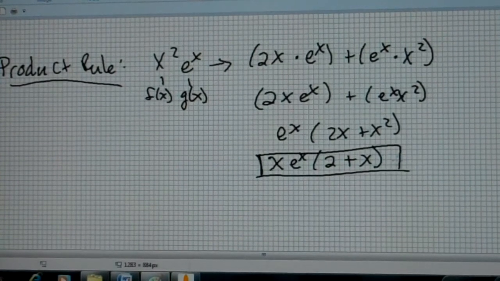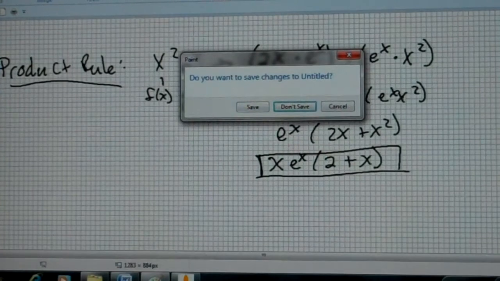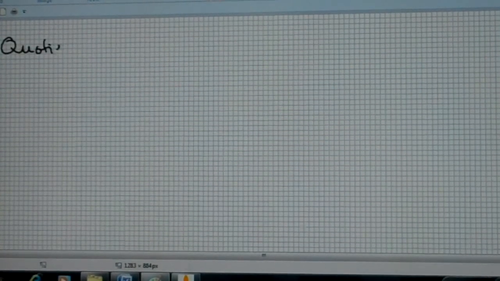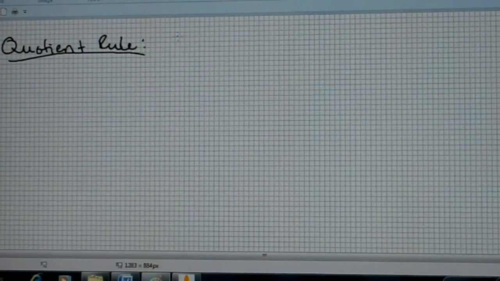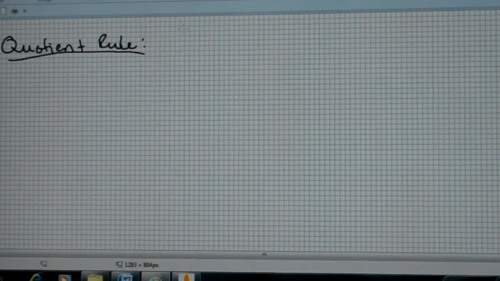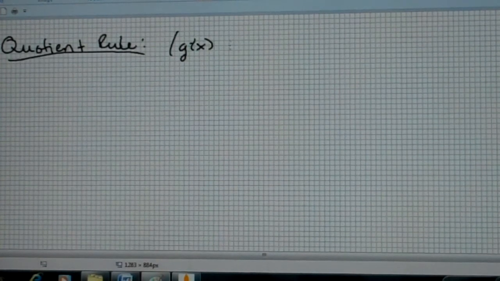Okay, so now to show the quotient rule, this one deals with fractions. So the rule is also dealing with g of x and f of x.